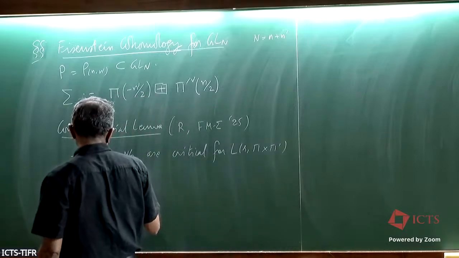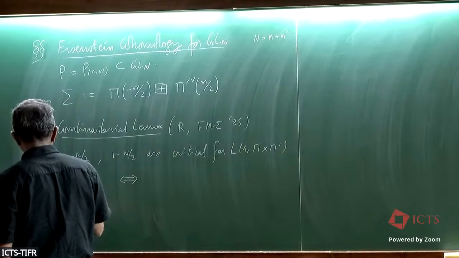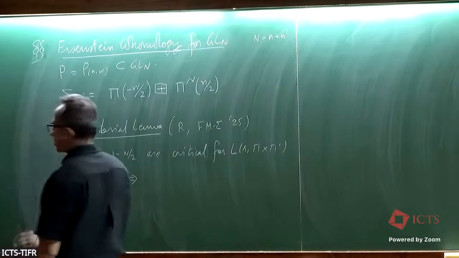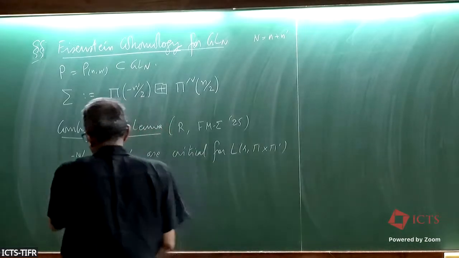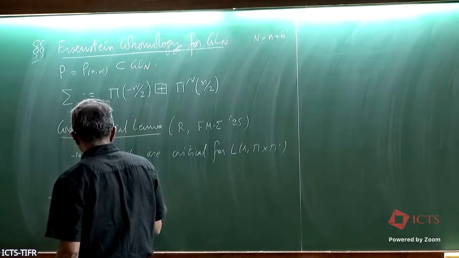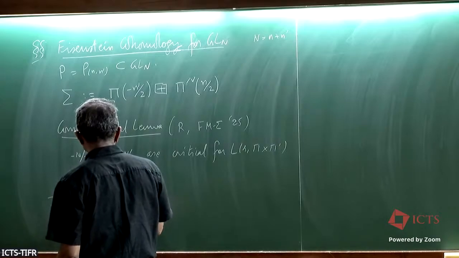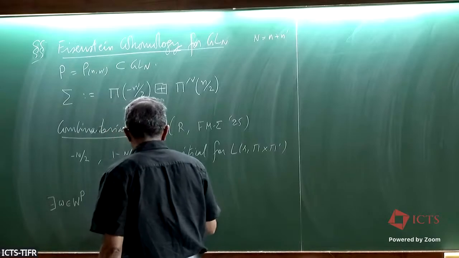This is so if and only if there exists a Weyl group element, what's called a constant representative. What it does is, its inverse with the twisted action of Weyl group on weights on mu plus mu prime is dominant.